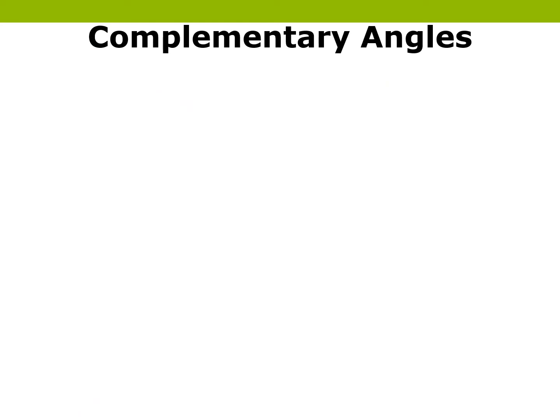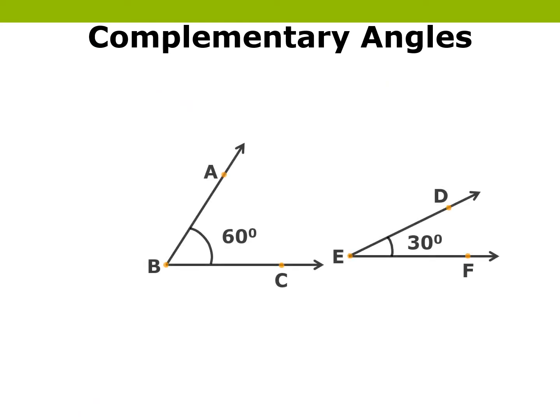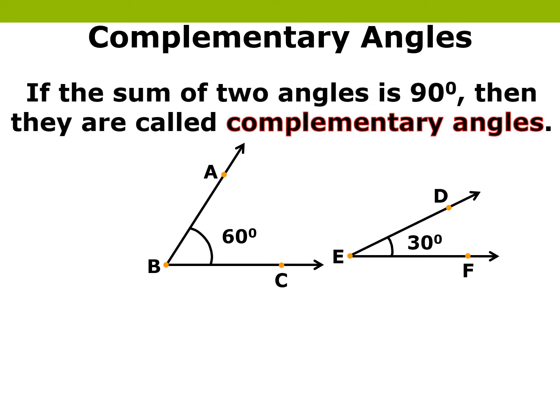What are complementary angles? If you look at the illustration and add the two angles, the measure is 90 degrees. If the sum of two angles is 90 degrees, then they are called complementary angles.